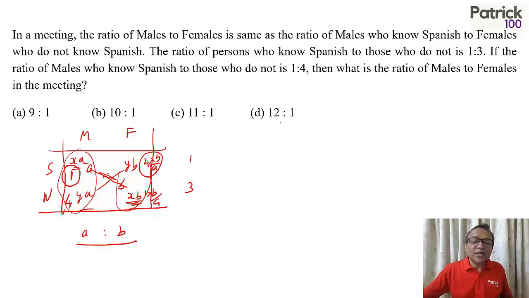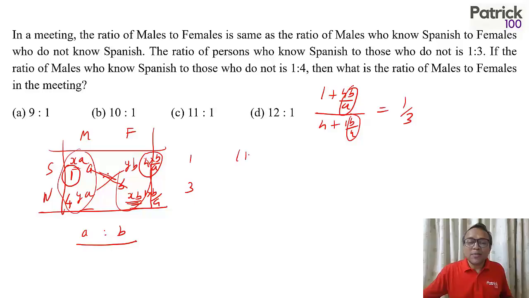Now add and find the ratio. So this becomes 1 plus 4 B by A, divided by 4 plus 1 B by A, which should become 1 by 3. I'll take B by A as K, just for the sake of calculation. So 1 plus 4K, into 3 is equal to 4 plus K into 1.